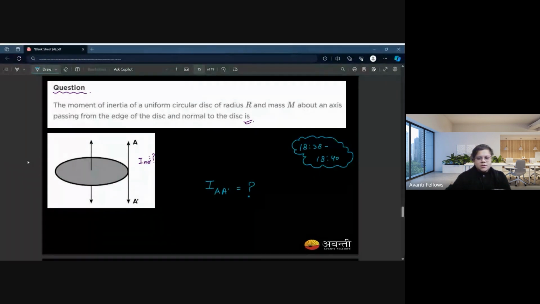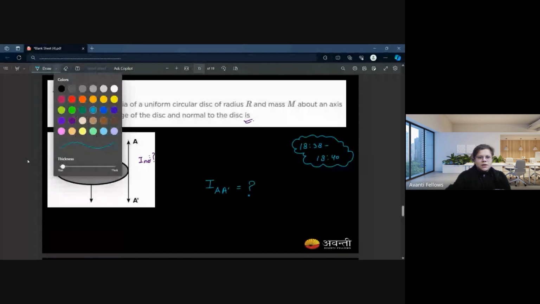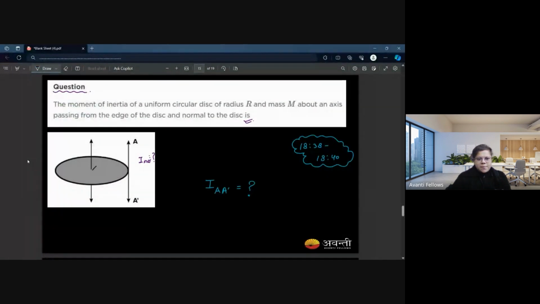Let me change the color here. This A prime is parallel to this axis, which is passing through the center of mass. I would say this is IC, and the distance in between is R, as given in the question.